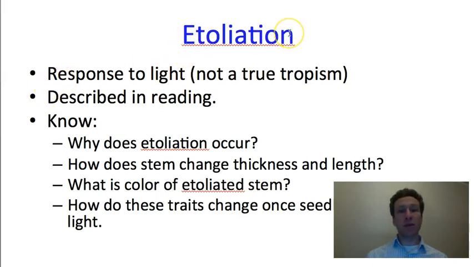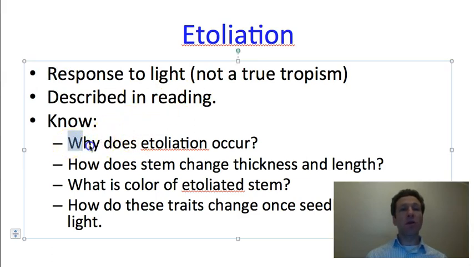Etiolation is described in your reading, and you need to know a few different things about it. First, you should know what is the purpose of etiolation. It's an adaptation to accomplish what? And I'll give you a hint here, this has to do with a seedling hoping it can get out of the darkness and finally reach light.